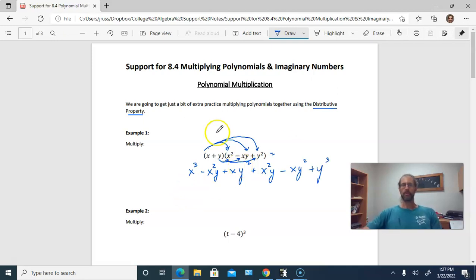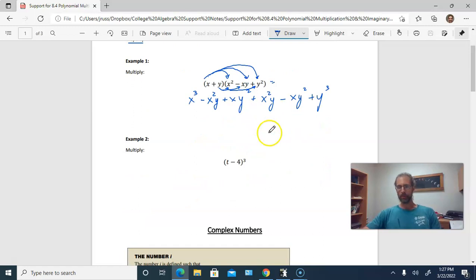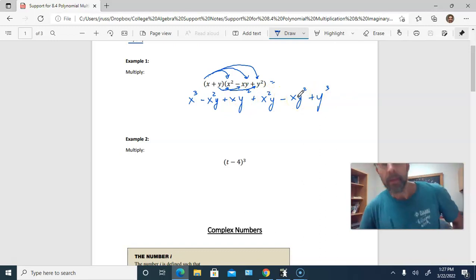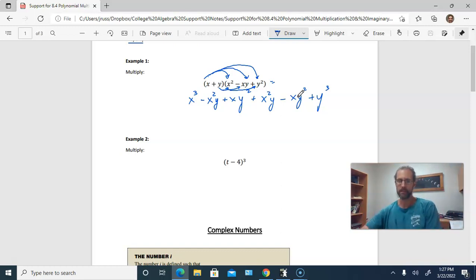Okay, so that's the multiplication. Now what we need to do is combine any like terms that we have. That's one of the reasons I was concerned about the order. Technically the order doesn't matter, but it's easier to find them if they're already in the same order. So you can see here I've got this negative x squared y that I can combine with this positive x squared y.